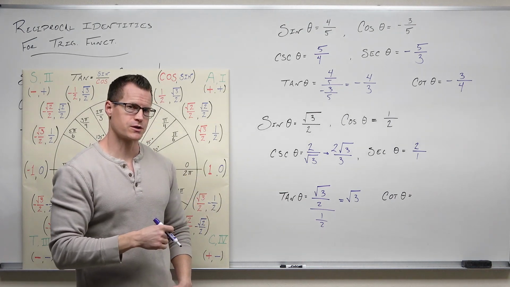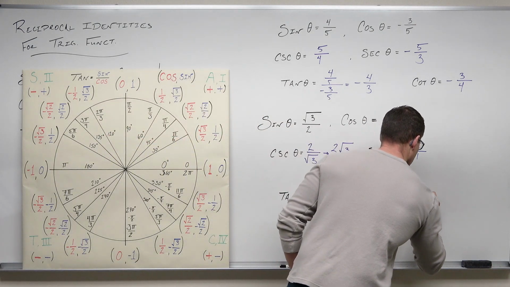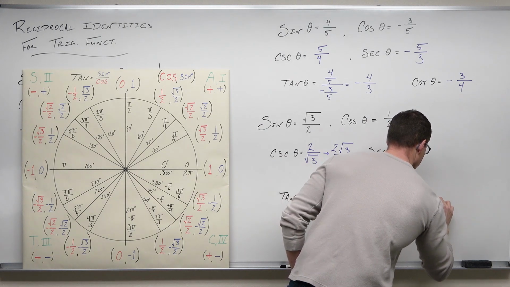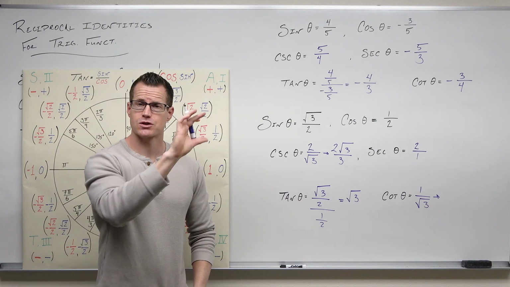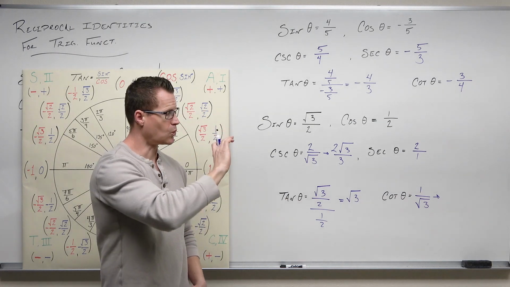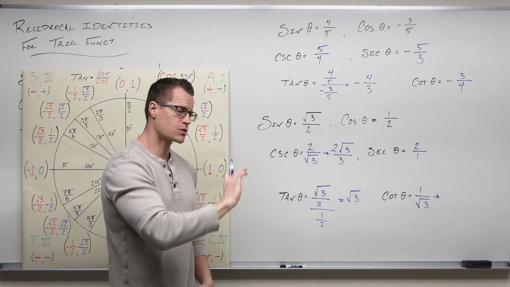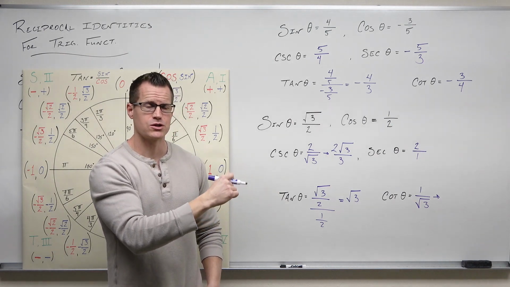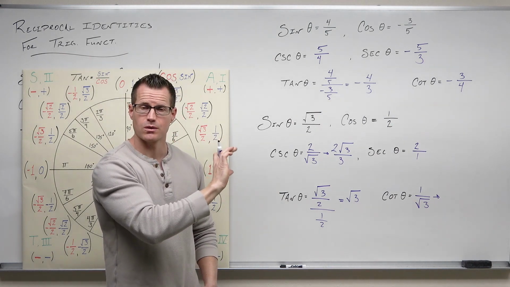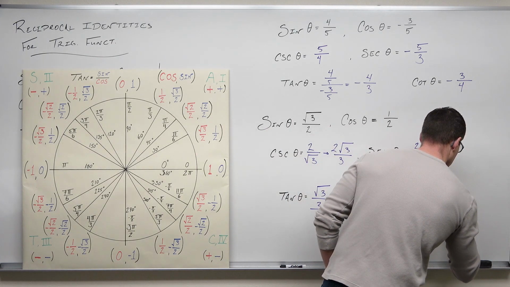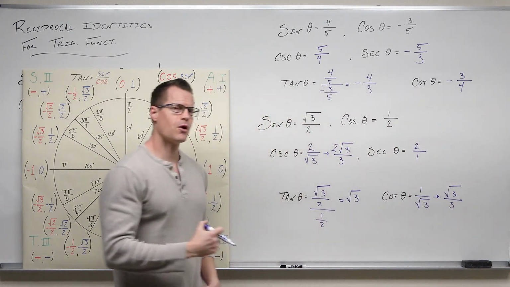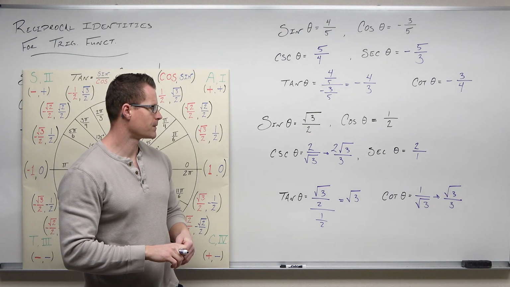So that's 1 over the square root of 3. Or again, if you rationalize that, that's square root of 3 over square root of 3. So 1 times square root of 3 is square root of 3. Square root of 3 times square root of 3 is 3. So square root of 3 over 3. And we have all of our trig functions.